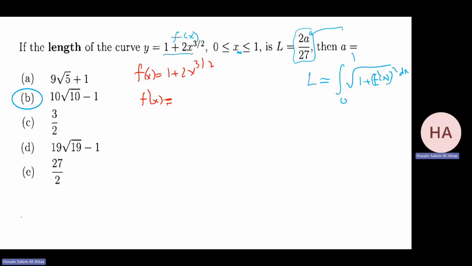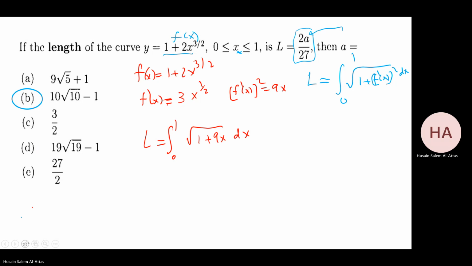F prime of x will be 3 x to the power half. F prime of x squared will be 9x. The same idea. So L will be the integral from 0 to 1, square root of 1 plus 9x dx.